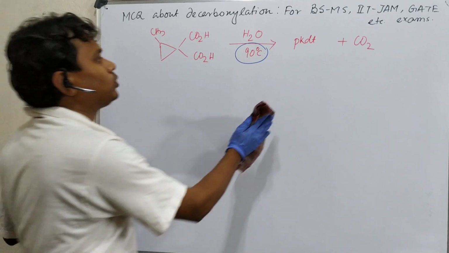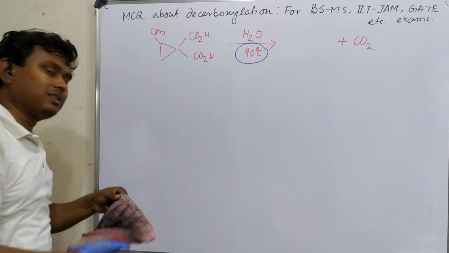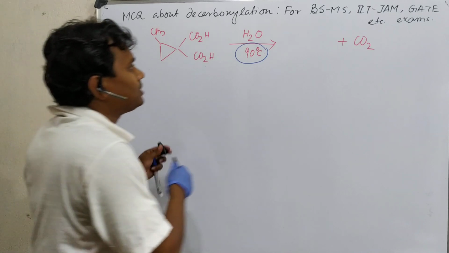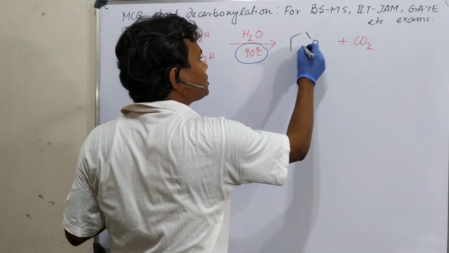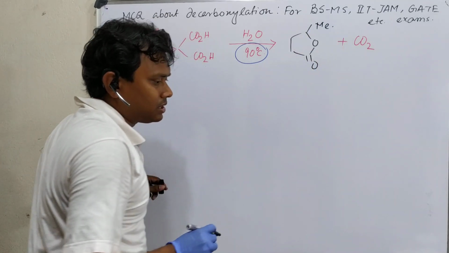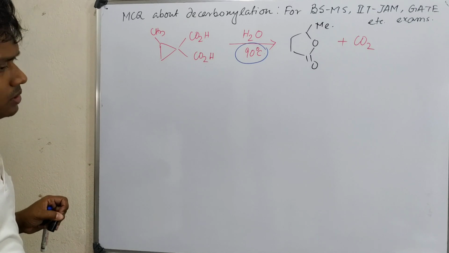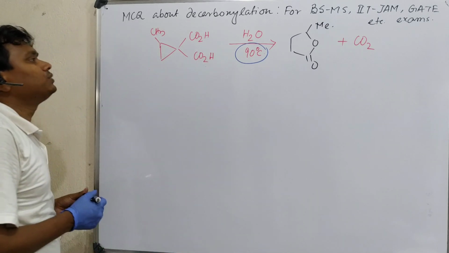Because cyclopropane is a three-membered ring with strain, so there is a good chance that it breaks, and that is the reason I believe this molecule broke and resulted in the formation of this lactone derivative. Did I write that right? Yes, I wrote it right. Fine. So the question is how this is happening.